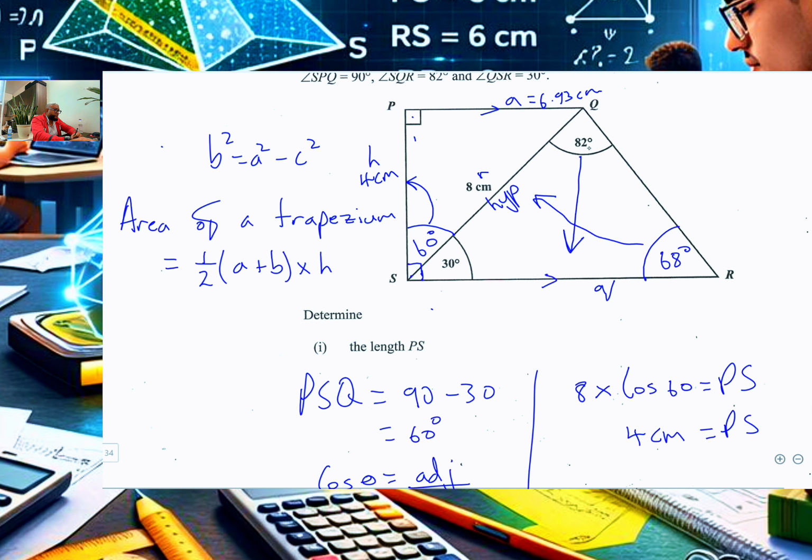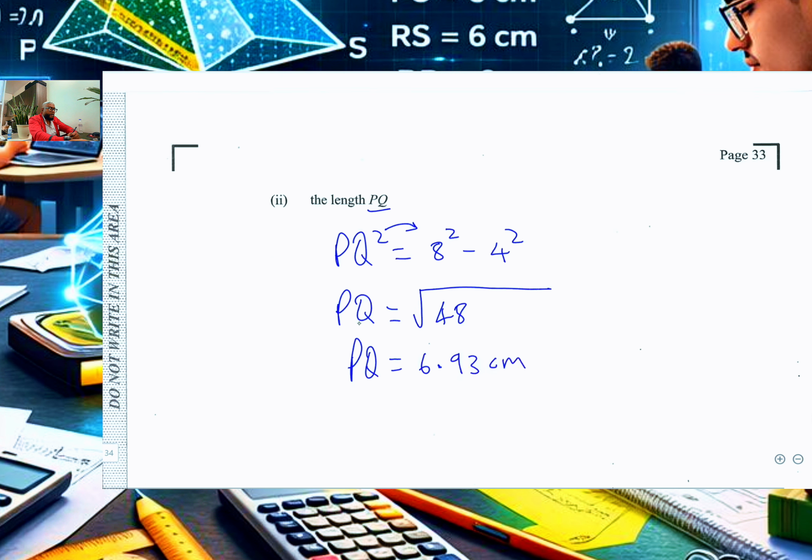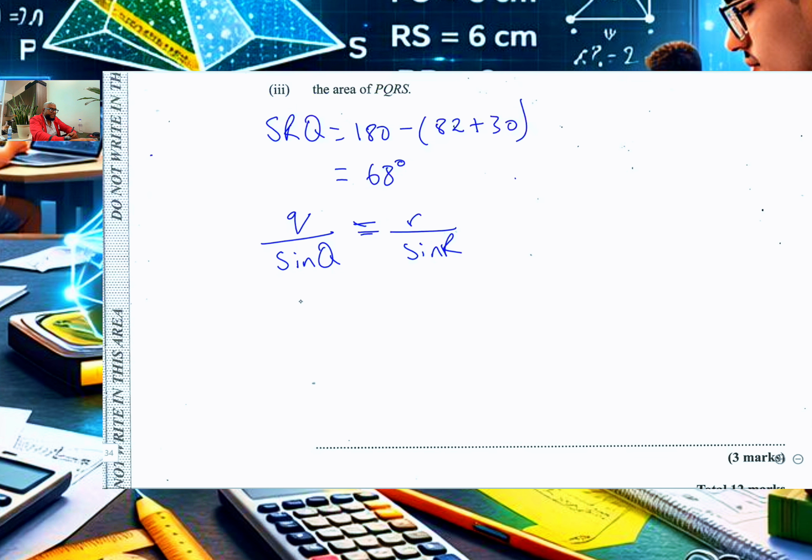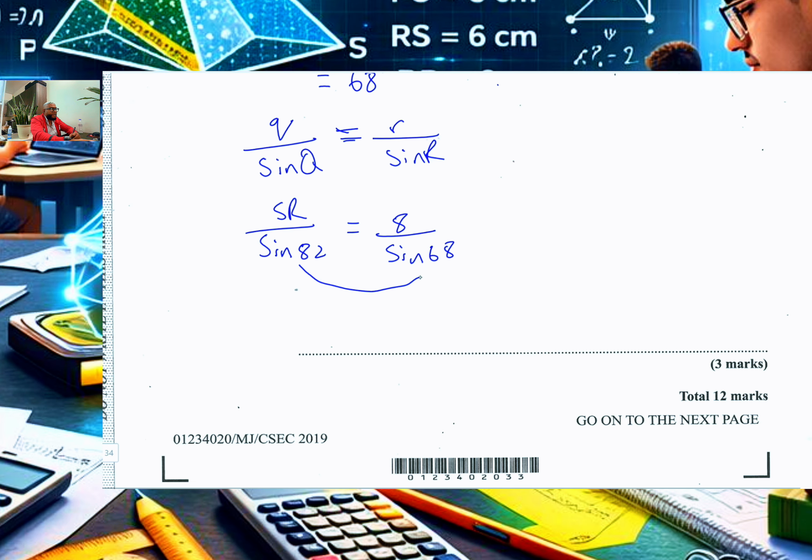Capital Q will be 82. Small q would be SR. So SR over sine of 82 is equal to small r, which was 8, over sine of 68.